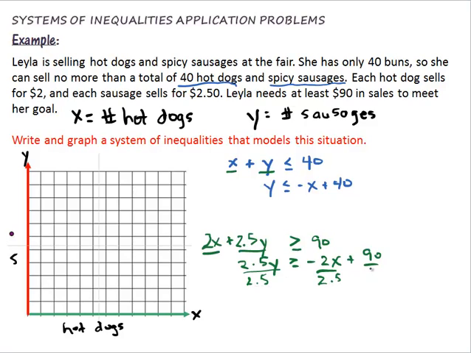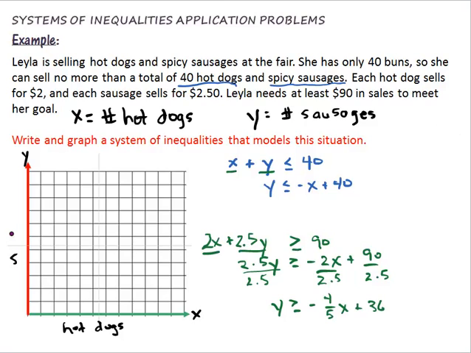You're going to get fractions, but that's okay. I'll get y is greater than or equal to negative, and when I divide this out it becomes 0.8 or 4 over 5, x, plus 90 divided by 2.5 is 36.